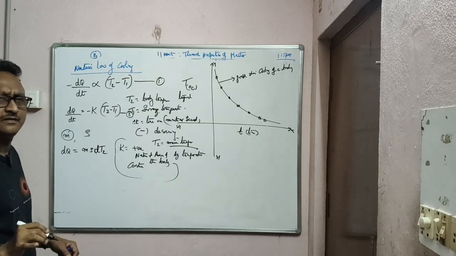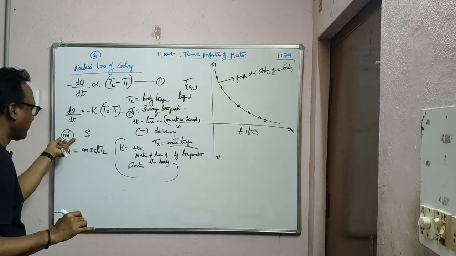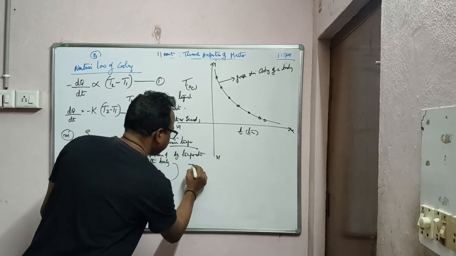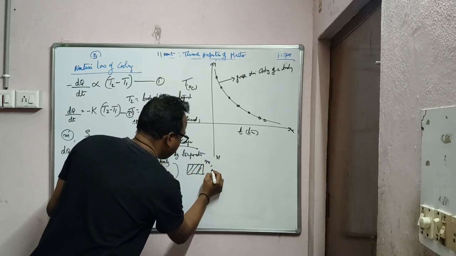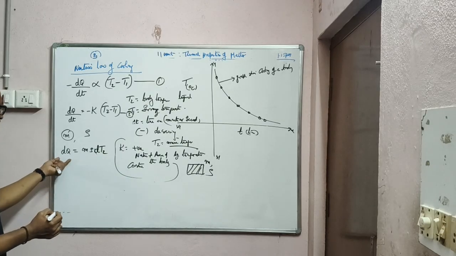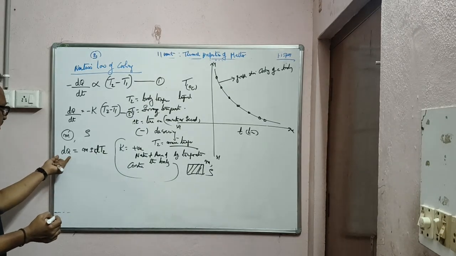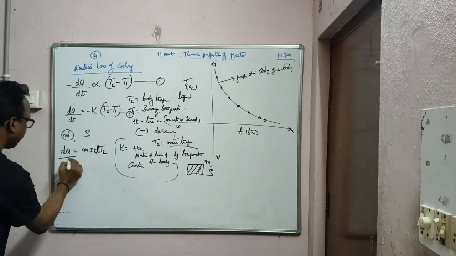That is better. Temperature difference. If a body is having a mass m and specific heat S, and delta T2 is the temperature difference, now you can give the heat dq is equal to ms delta T or dt. Divide with dt both sides.